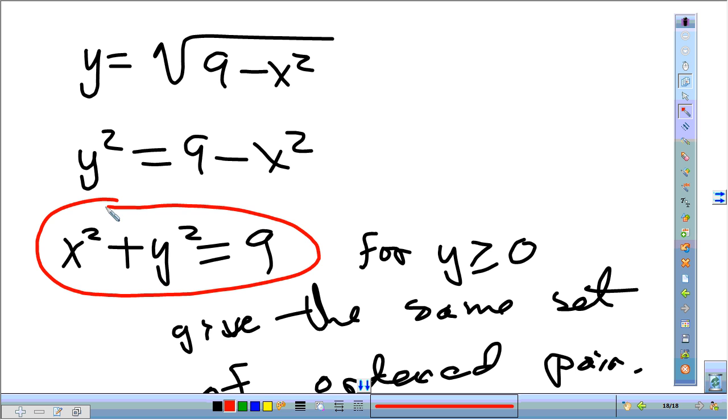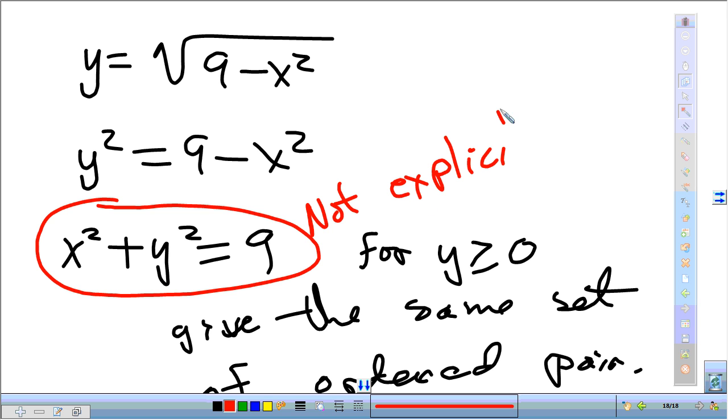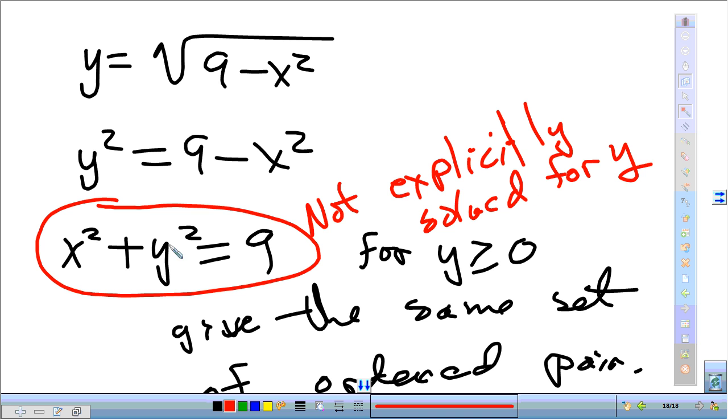But in this one, we haven't solved, or we haven't explicitly said y is equal to an expression in x. So, describing the same thing two different ways. One is explicitly saying, given an x, compute y. The other one's not so explicit, but it's describing the same y's.